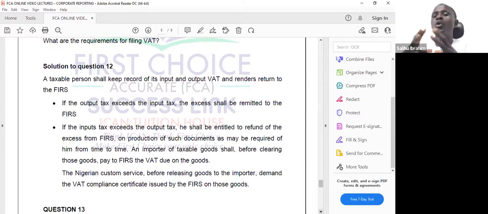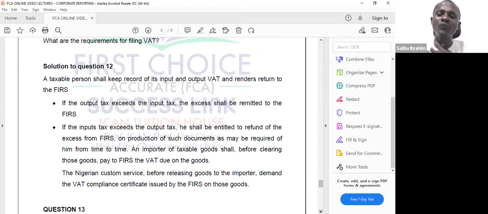But before TaxPro-Max, you had to fill VAT Form 002. That's the name of the form that you fill, indicating the name of your company, the tax identification number, the period that the tax covers, the amount of product sold during that period, the output VAT on it, the amount of product purchased during that period, less zero-rated products, which I'm going to discuss, less exempted products, the ones we have already discussed, then the amount of input VAT that you have paid on those products that you have purchased.